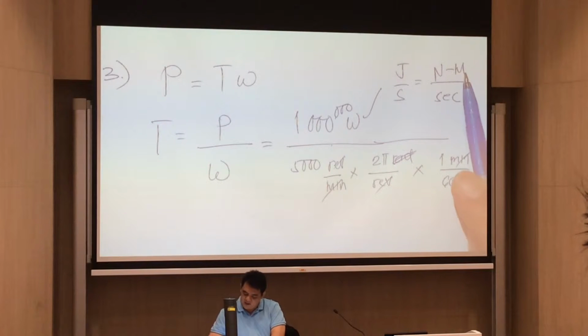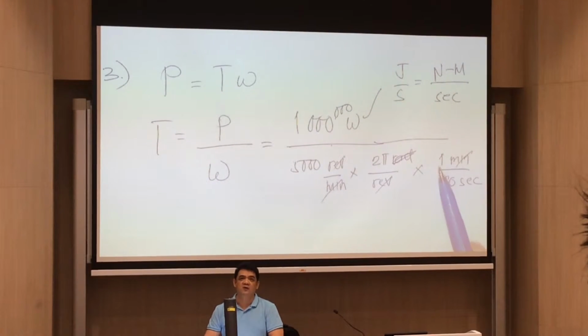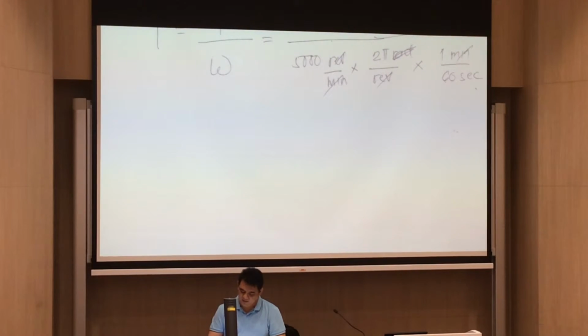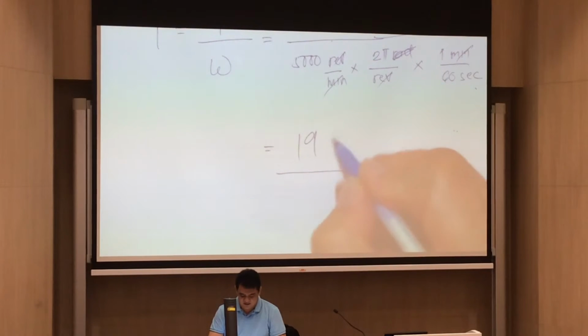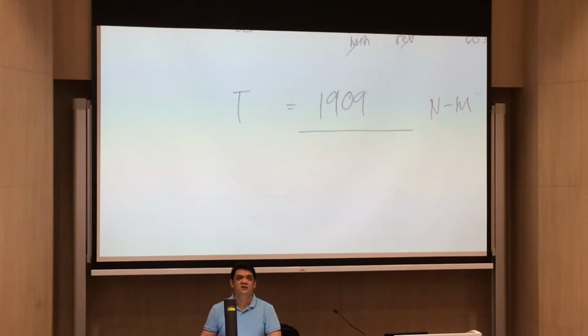I have now Newton meter second all over 1 over second that goes up, so your second cancels out. So you have now your torque in Newton meter, 1909. So this will be in Newton meter. That will be your torque.